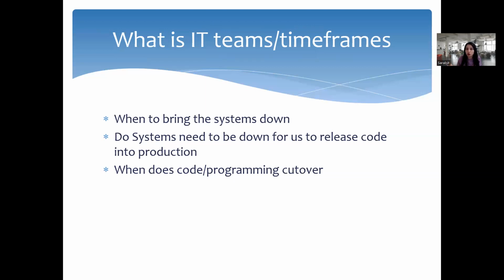So do systems need to be brought down to release code into production? That's something that your technical teams can help you understand, but that's definitely a question business analysts or Scrum Masters should be asking during release planning.